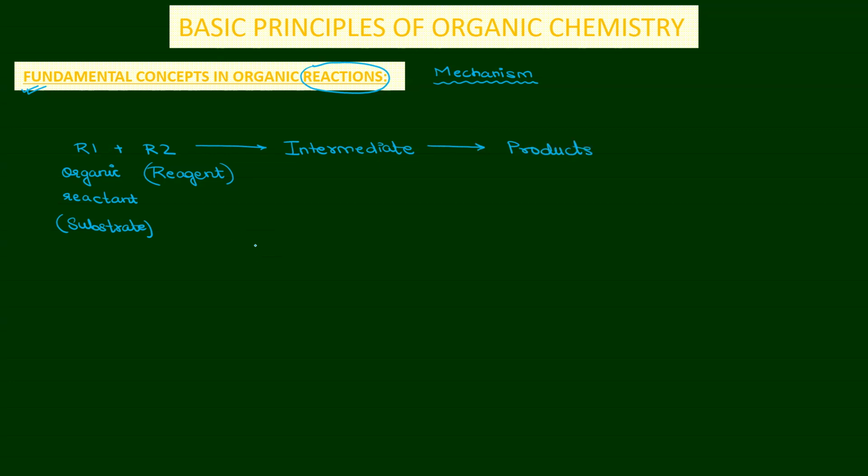So basically, I say that every reaction goes through a simple sequence of R, I, P. Of course, not rest in peace, but reactant to intermediate to the products. Now, the whole understanding of the organic reaction lies in the understanding of the intermediate.